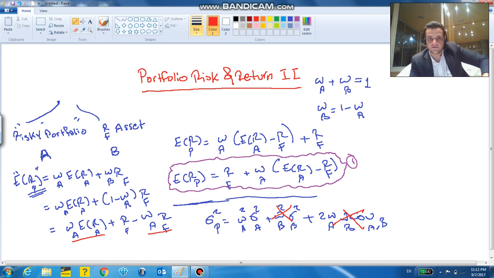Basically, they are both tied into this formula: correlation equals the covariance between A and B divided by sigma A multiplied by sigma B. Sigma B is 0, and 0 multiplied by whatever is 0. So the covariance is 0, and the correlation is 0.